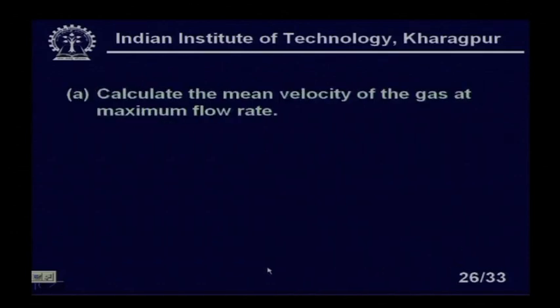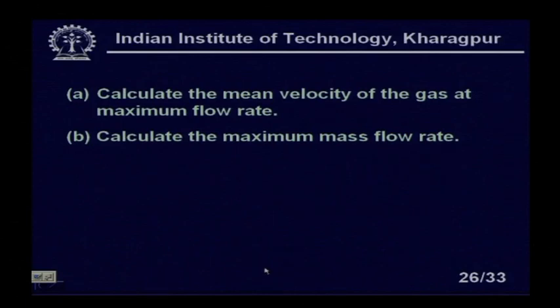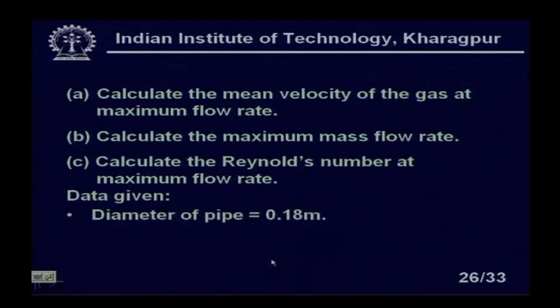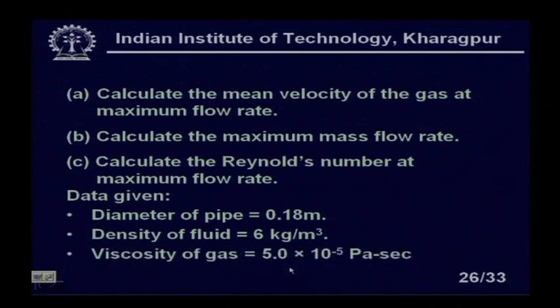We have to calculate, A, the mean velocity of the gas at maximum flow rate, then the maximum mass flow rate, and the Reynolds number at the maximum flow rate. The data given are the diameter of the pipe, which is 0.18 meters, density of the fluid 6 kg per meter cube, viscosity of the gas 5.0 times 10 to the minus 5 pascal second.